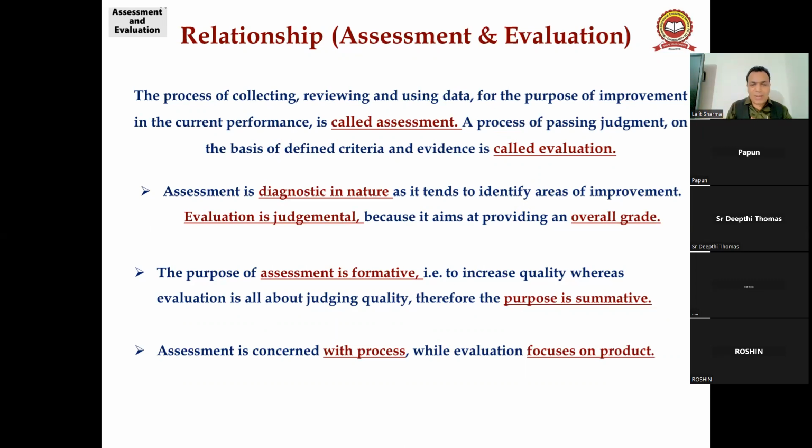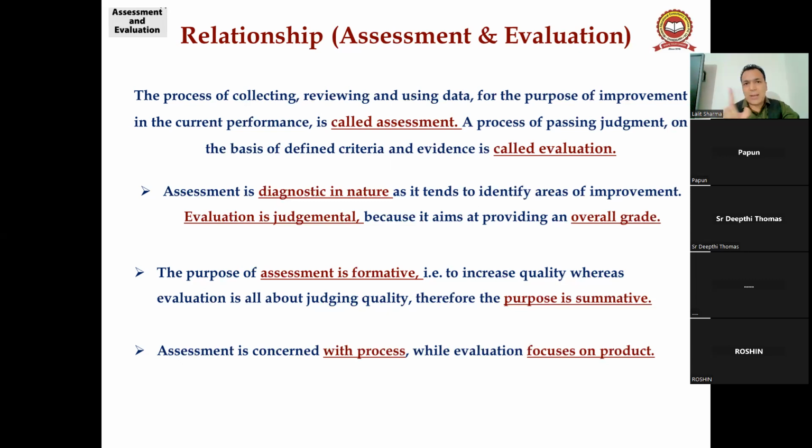So similarly, from the relationship of assessment and evaluation, we will come to know about assessment and evaluation. What is the relationship and comparison, and what is the little bit of difference between these two terms? Now, the relationship between assessment and evaluation is that it is a process of collecting, reviewing, and using data for the purpose of improvement in the current performance.